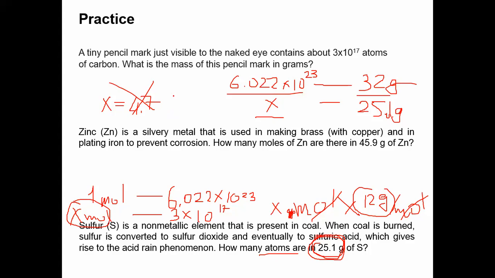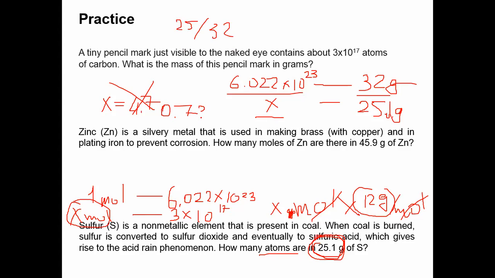Yeah, so the last answer is also not right. So divide 25 by 32, please. 1.2? 25 divided by 32. It's 0.78.